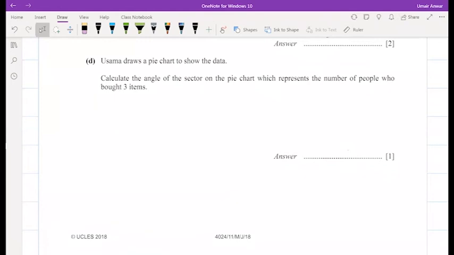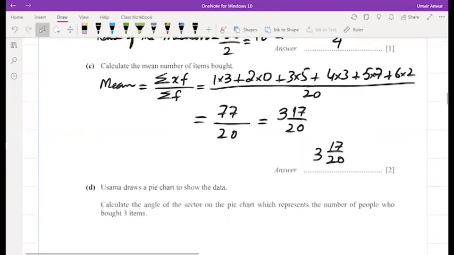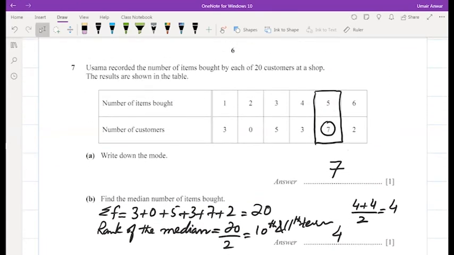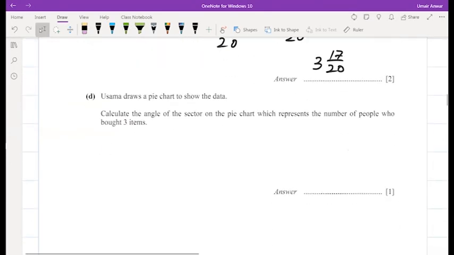The last part of the question says Usama draws a pie chart to show the data. Calculate the angle of the sector on the pie chart, which represents the number of people who bought 3 items. So the frequency for the number of people who bought 3 items is 5.